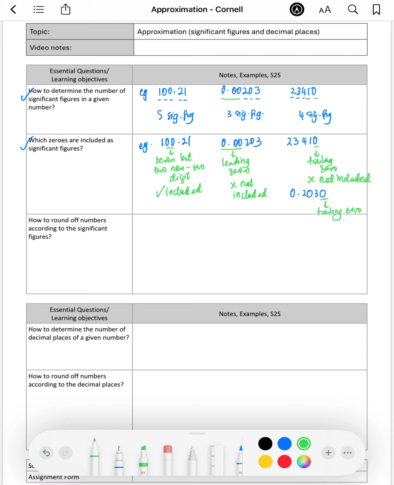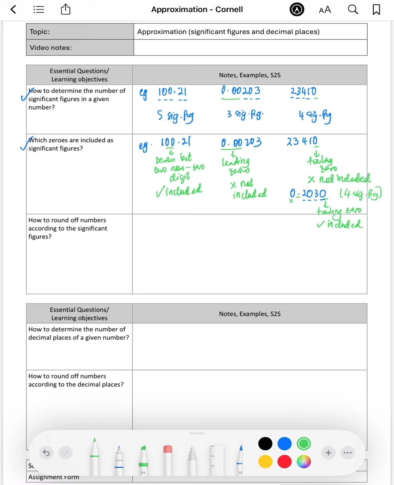However, because it is after the decimal point, of course the first zero is the leading zero, and we don't include that in our counting. So we start with 1, 2, 3, and 4. A trailing zero after the decimal point is included. So for 0.2030, it is 4 significant figures.